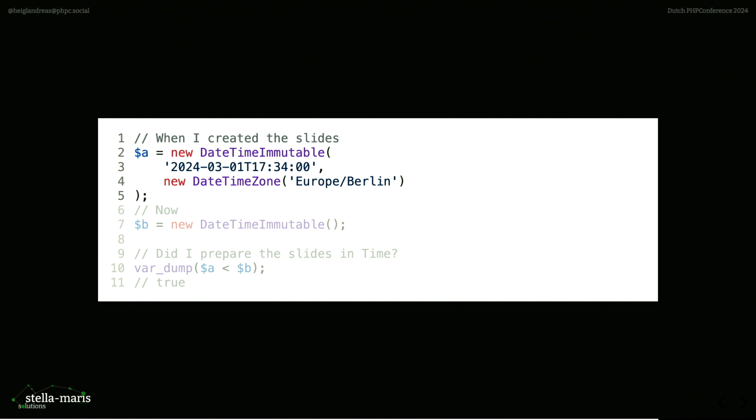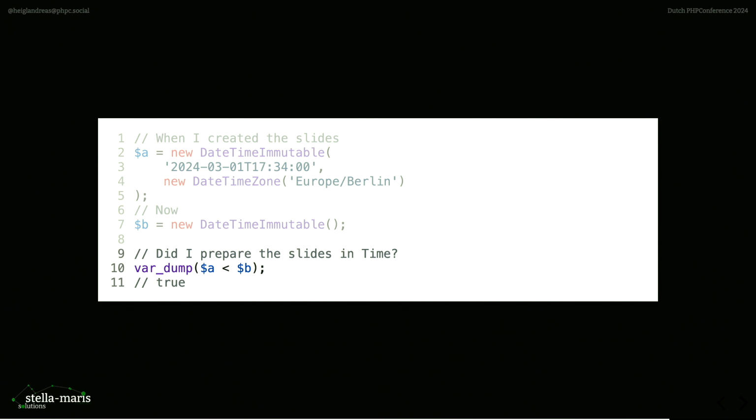Because the cool thing with the datetime immutable object is actually that I can compare two datetime objects, regardless of their time zone, and check which one was earlier or later. So I can do something like this. I create a new datetime immutable when I created my slides in Europe, Berlin. And then I create a new datetime immutable object here in Amsterdam.